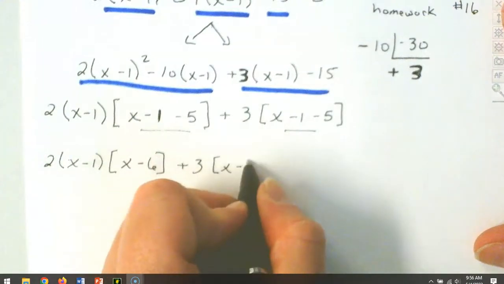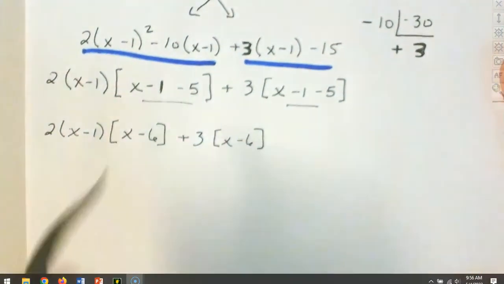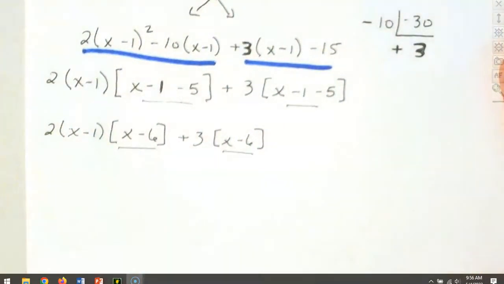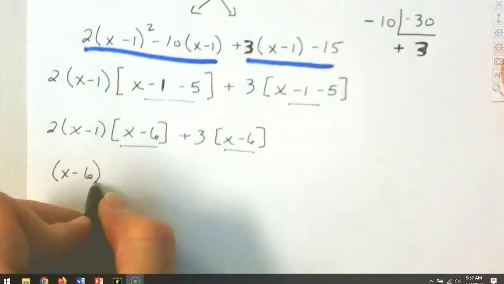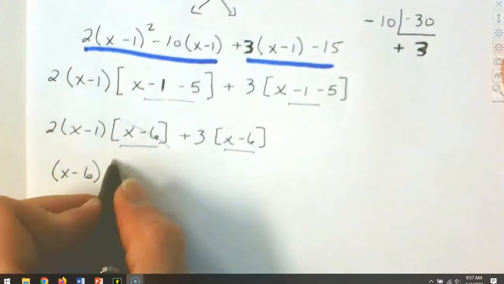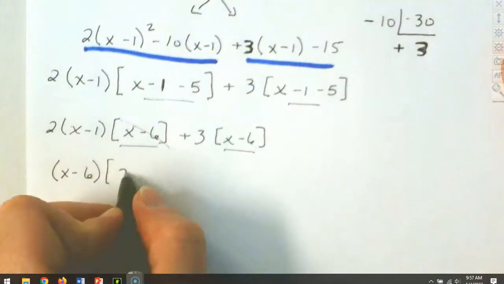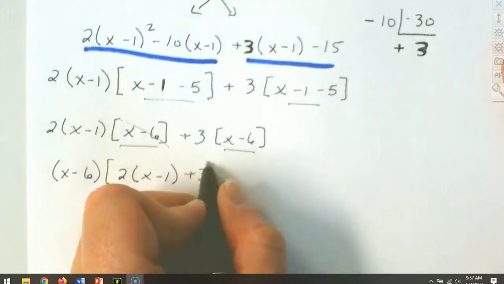And x minus 6 over here, right? They're the same. Just condensed it down a little bit. And these are the same. So that's going to come out in front as an x minus 6. Gone, gone. And what's left over? 2 times x minus 1 plus 3.